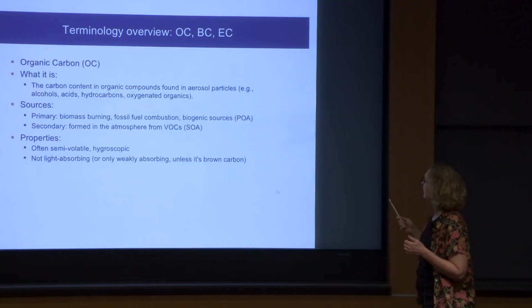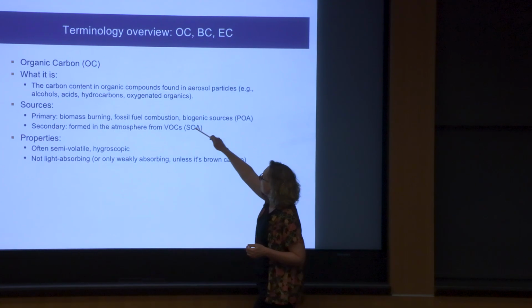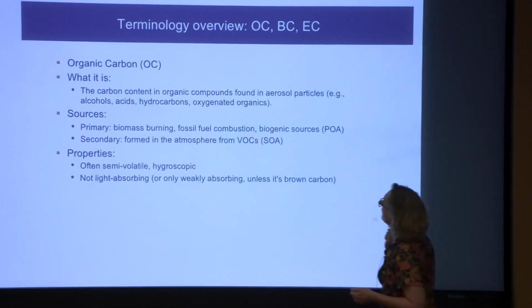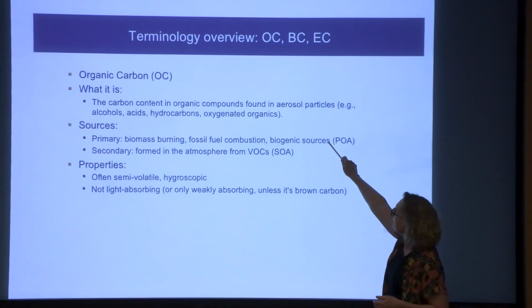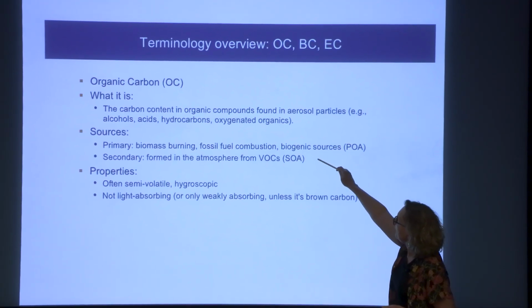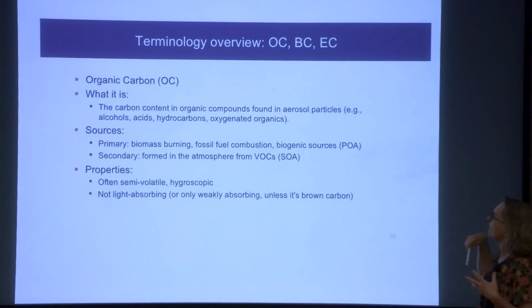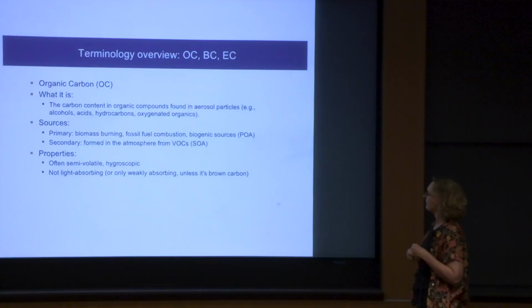Again, we have primary sources of this, so fossil fuel combustion would be considered a primary source of organic carbon. There are also biogenic sources. And secondary means it's formed in the atmosphere from other gas phase precursors, volatile organic carbon precursors.